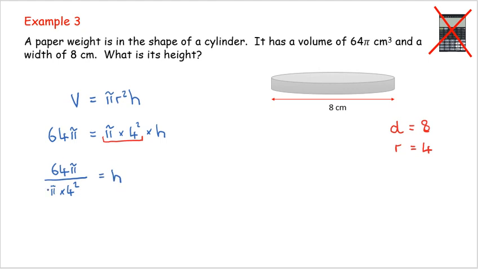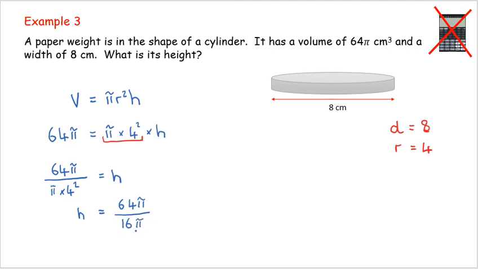Now, we have our calculation to do for h, however we've not got a calculator for this, so we're going to have to see if we can do anything with this left hand side. So I'll just rewrite it as h on the left hand side, but 64 pi, there's not really much we can do with that right now, but on the bottom line we can do a wee bit of calculation here. So pi times 4 squared, well I know 4 squared is 16, and pi is just pi at the moment, so I can write that as 16 pi.